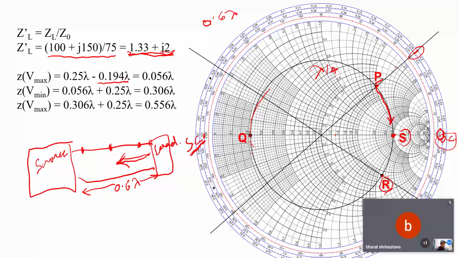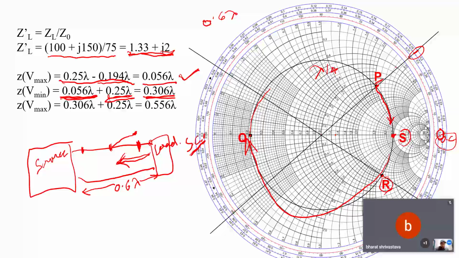By subtracting these two, you directly get the location of the first maxima. So this is the location of the first maxima from the load. After adding more lambda by 4 distance, which is 0.25, in this position you will get voltage minima. So here will be the minima.